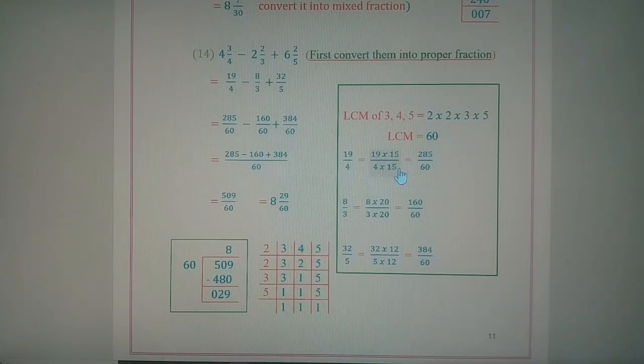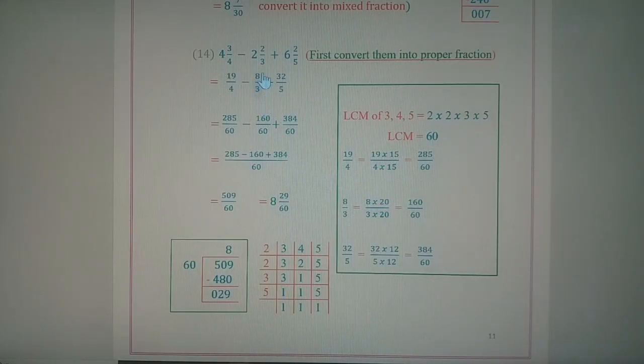When 4 is multiplied with 15, the answer is 60. So the same number 15 should also be multiplied with the numerator 19. 19 15s are 285, and 4 15s are 60. So the equivalent fraction of 19 upon 4 will be 285 upon 60, where the denominator is the LCM integer 60.